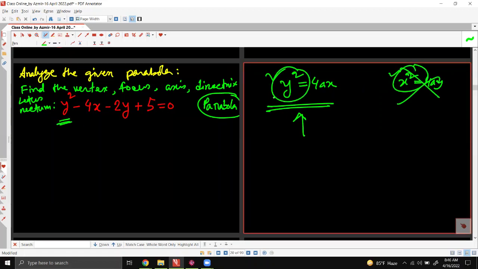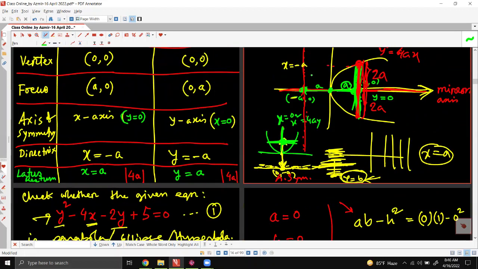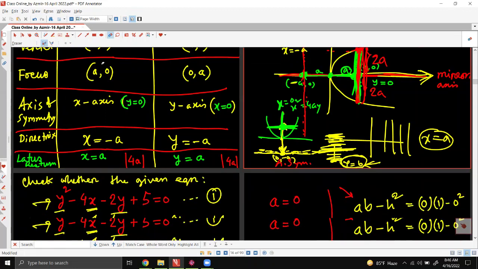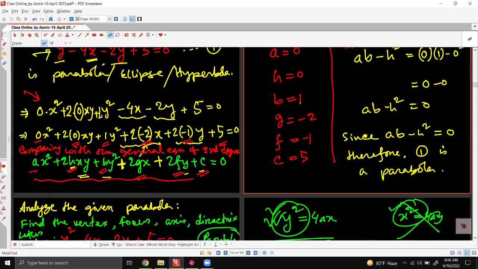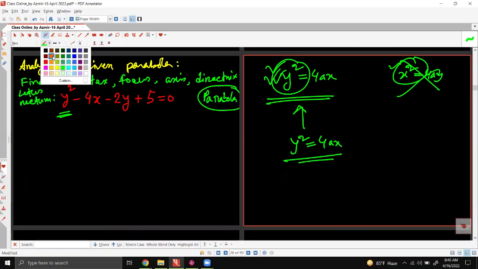So this will go with this form. That means the formulas that we have written here will be applied. The formulas that are in the first column are for y squared equals 4ax. So whatever equation we have here, at first we have to convert this equation to y squared equals 4ax. So how can we convert?